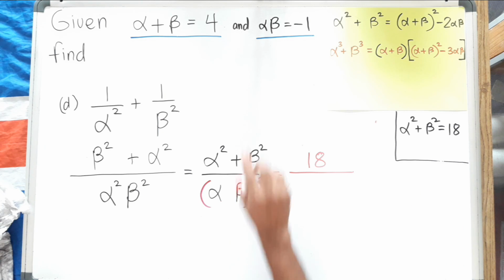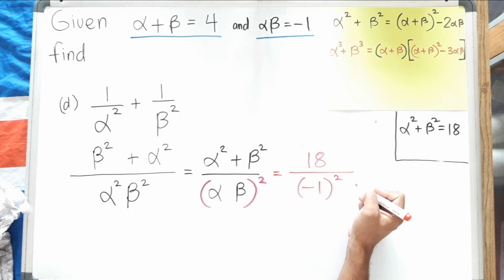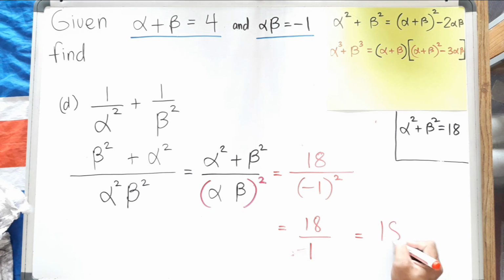And for alpha beta, it's okay to replace it with minus 1, and don't forget to square it. So we're almost finished. 18 divided by minus 1 squared. When you square anything, you get a positive. 18 divided by 1 is 18. That's the answer for this particular question.